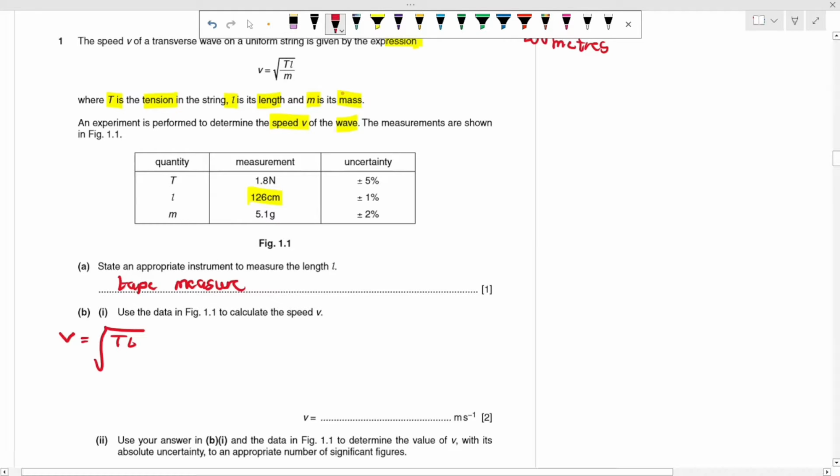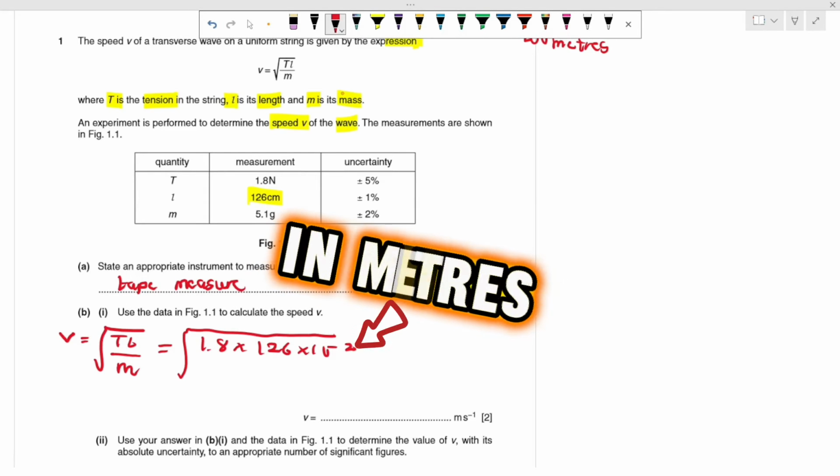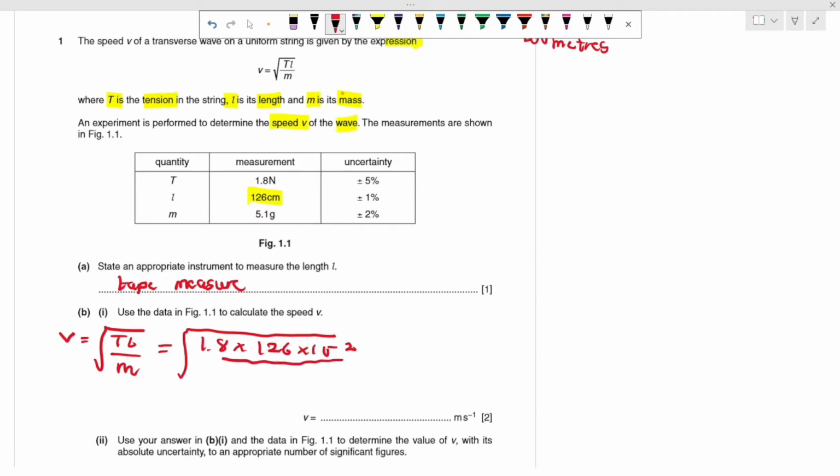So it's going to be the square root of, our t is 1.8, our length is 126 times 10 to the power of -2, to put it in meters, divided by our mass, which is 5.1 over 1000.